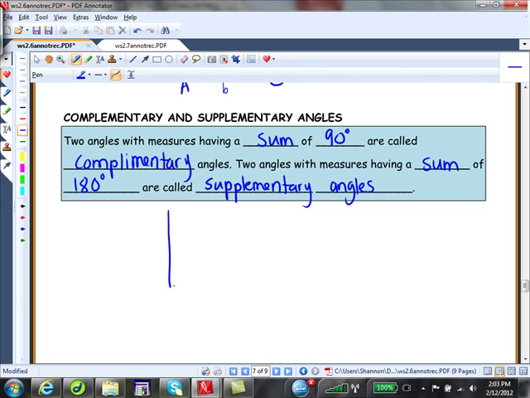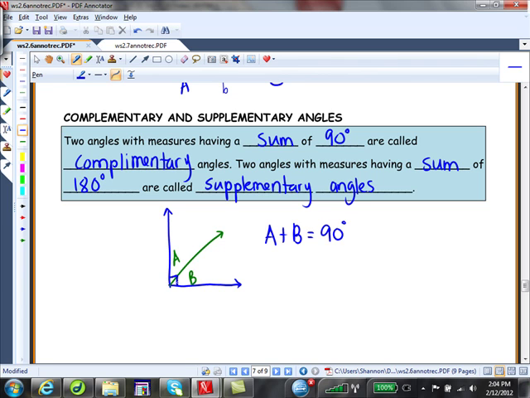So the first situation, do you guys agree this would be 90 degrees? And so if you had, say, angle A here and angle B here, then you'd have the situation where A plus B was equal to 90 degrees.